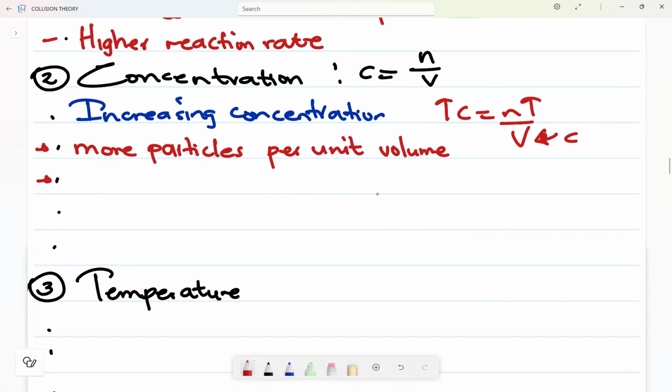The second one: if there are more particles per unit volume, it means there will be more correct orientation.